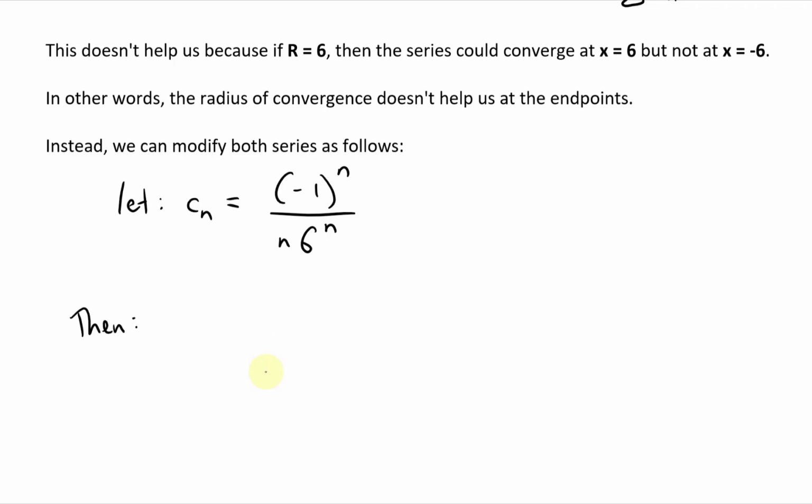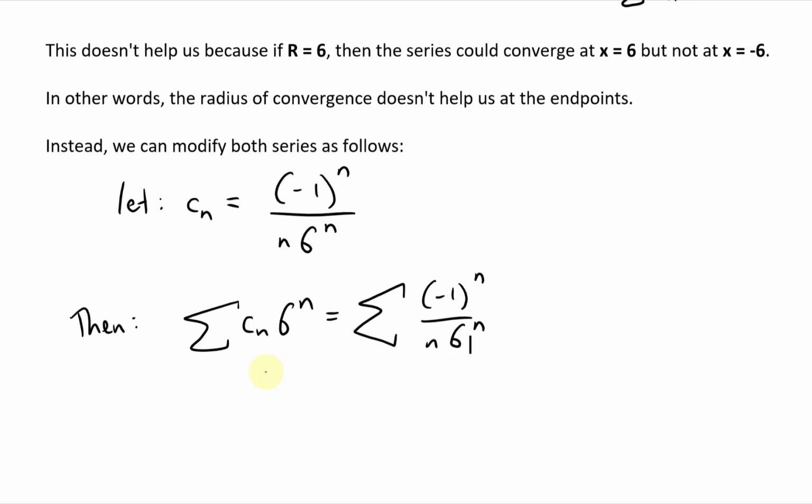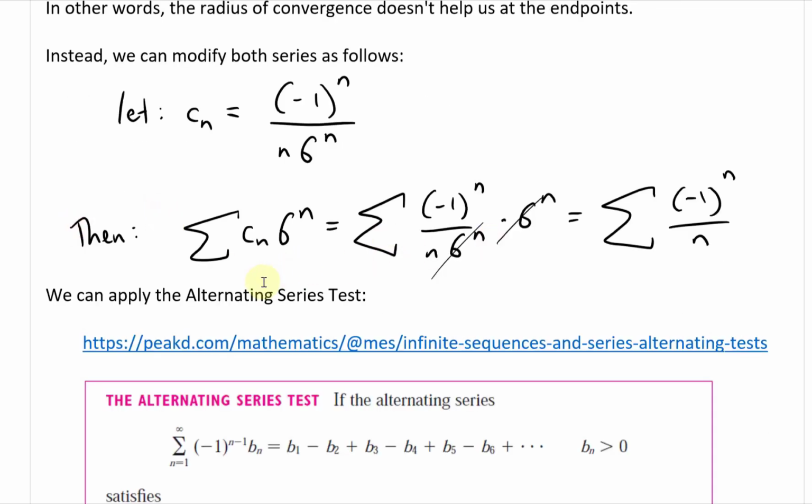Then if we have the summation that we're given, Cn times 6^n, we replace that in there and check if it actually does converge. This is (-1)^n over n times 6^n, times 6^n. So this cancels, and all we're left with is the summation of (-1)^n over n. Here we can check the convergence.